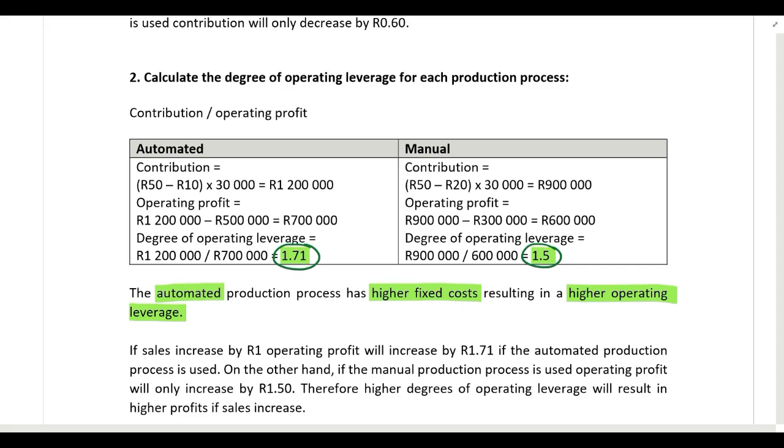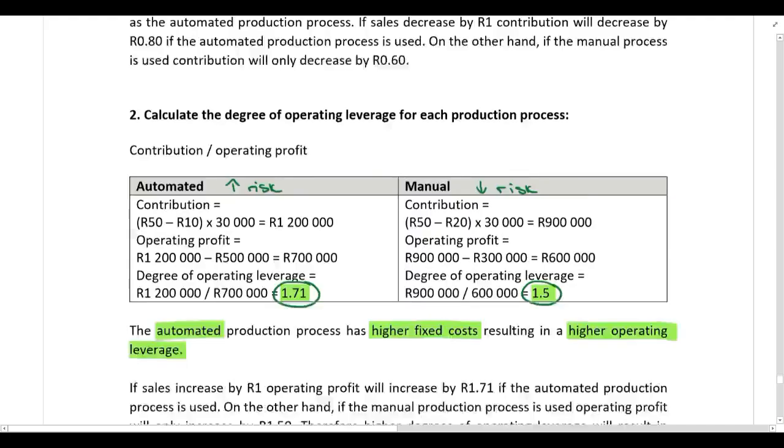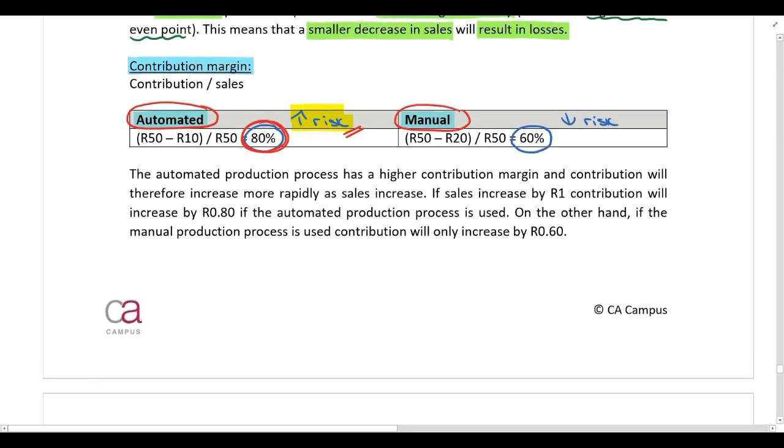Profits change by a greater extent when there's a movement in revenue. And that makes the automated production process more risky and the manual production process less risky. Once again, the discussion here is very similar to the discussion that we had with the contribution margin.